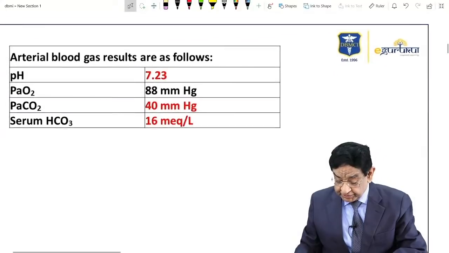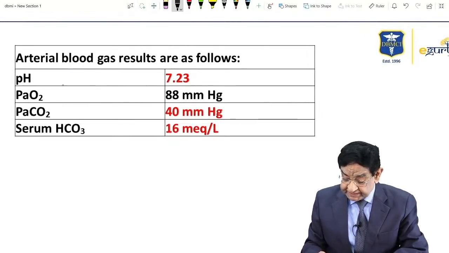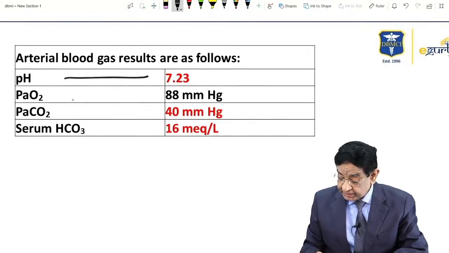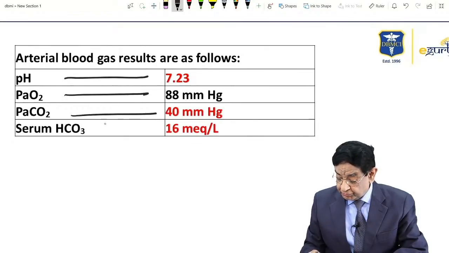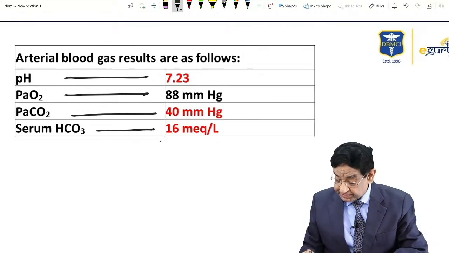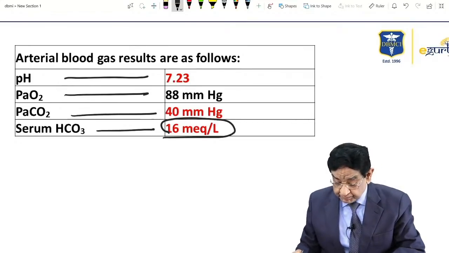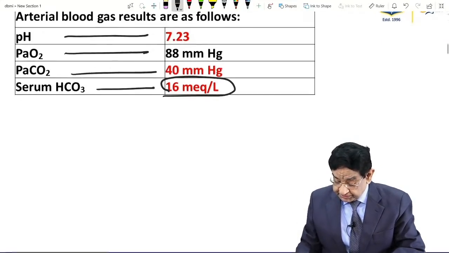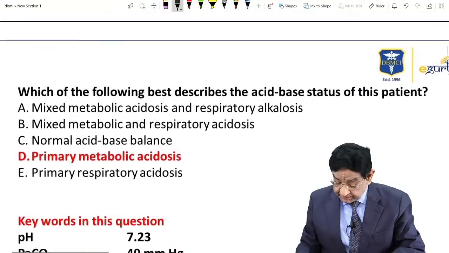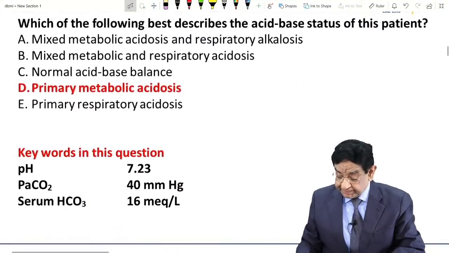And if you look into the blood gas analysis, pH is 7.23, O2 is reduced, CO2 is normal, but bicarb is reduced. If you look into this, which is the best answer?